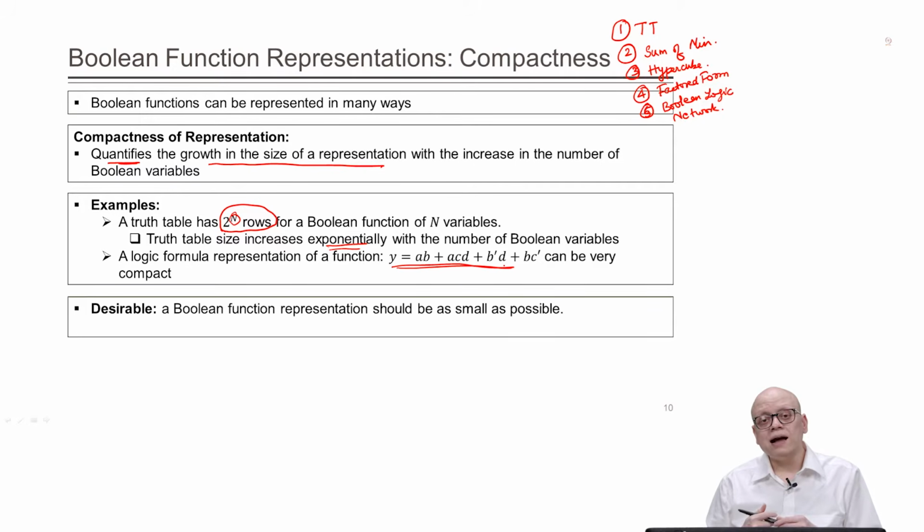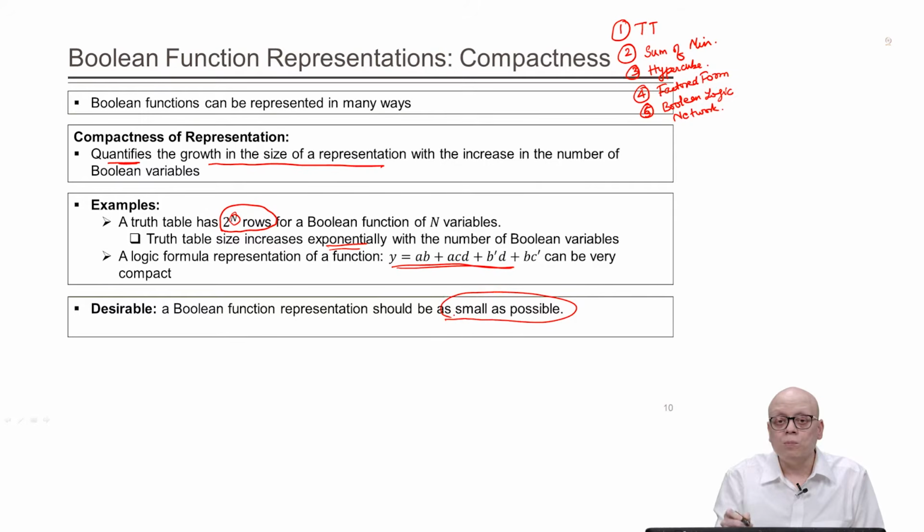Now, what do we desire in terms of compactness of a Boolean function representation? We want that a Boolean function representation should be as small or as compact as possible. Why do we want such a behavior?